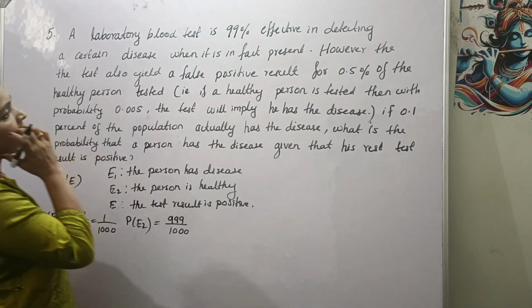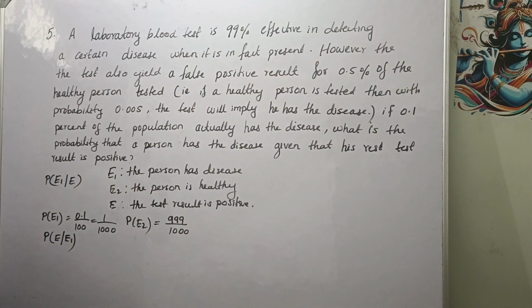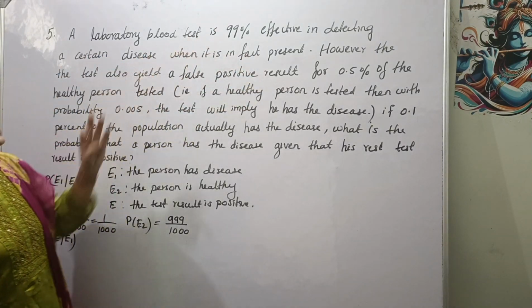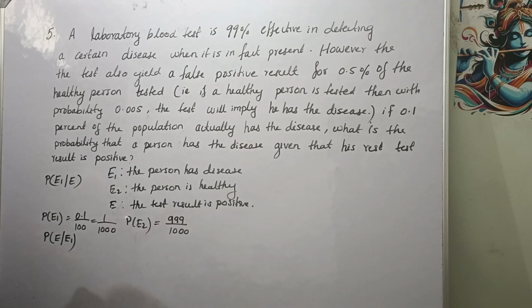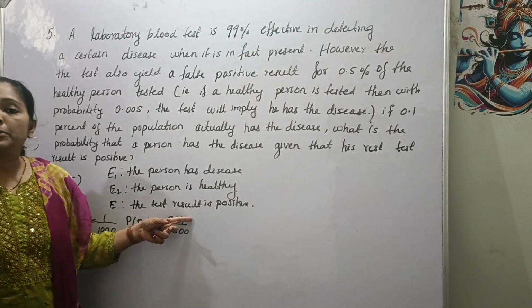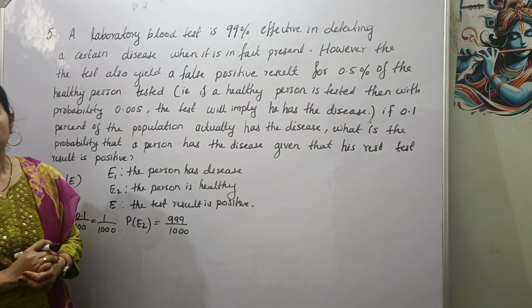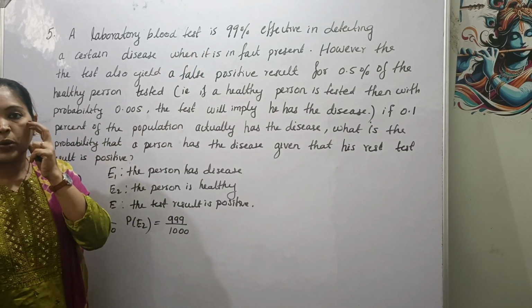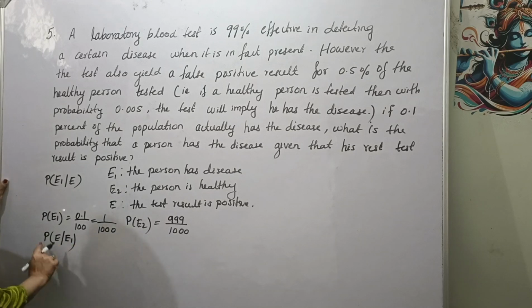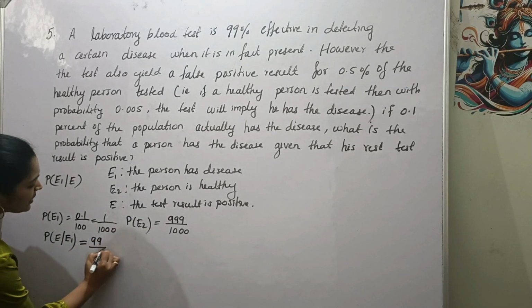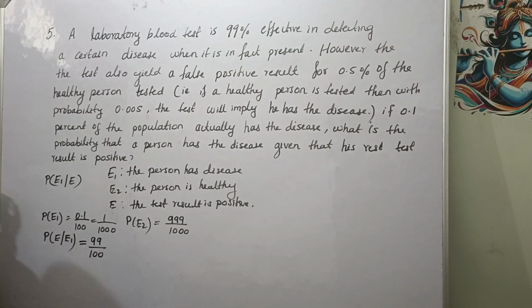It is given that the test is 99% effective in detecting the disease when it is in fact present. So the probability of E given E1 is 99 divided by 100.